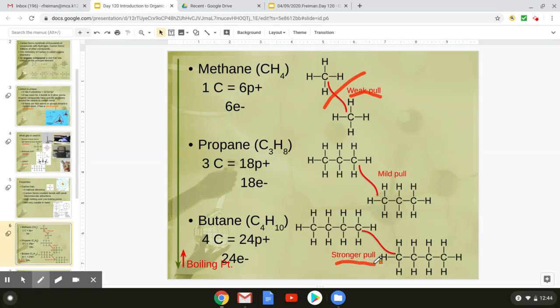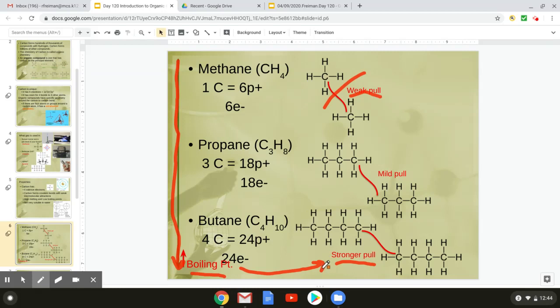So what this means, and what you should be putting in your notes, is that as you increase the number of carbons, going from 1 to 3 to 4 to 10 to 100 to 1,000, as you increase the number of carbons in a chain, you increase their boiling point. Why? Because there's stronger intermolecular attraction.